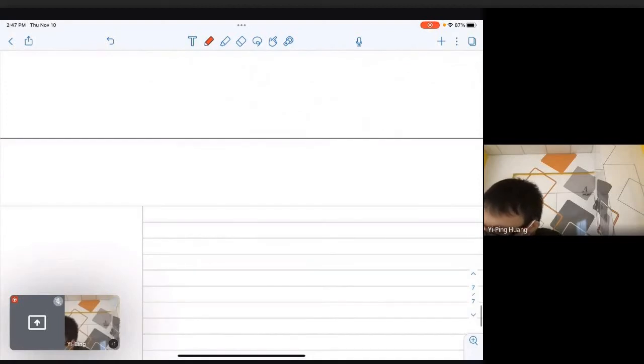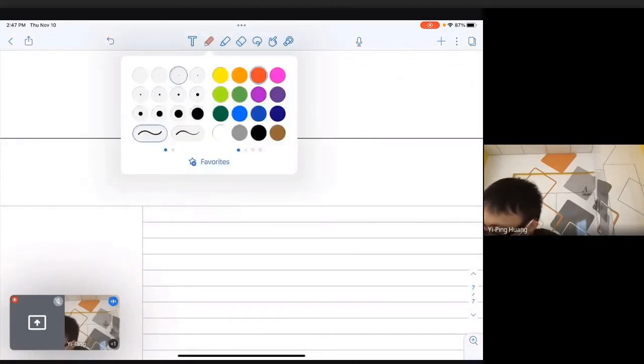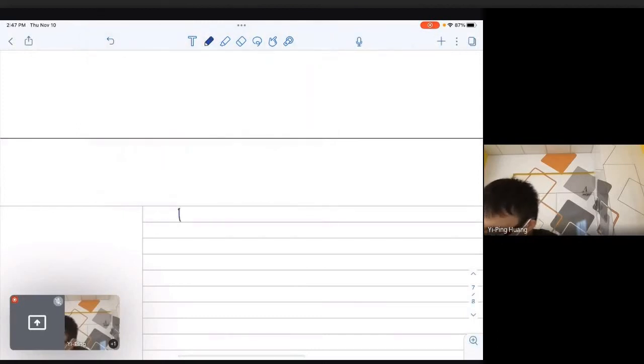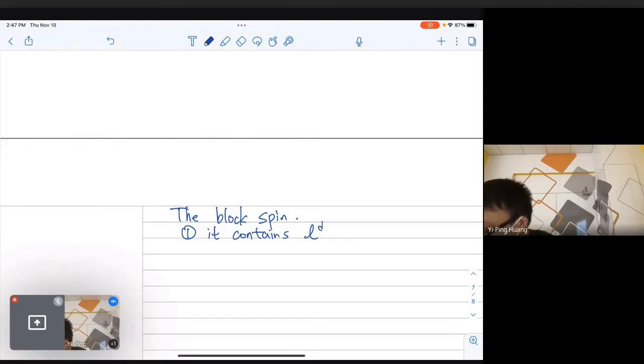So what is the block spin? Let me change the color. The first thing is that it contains L to the power of d spins.